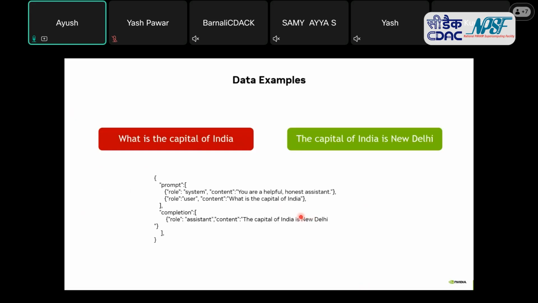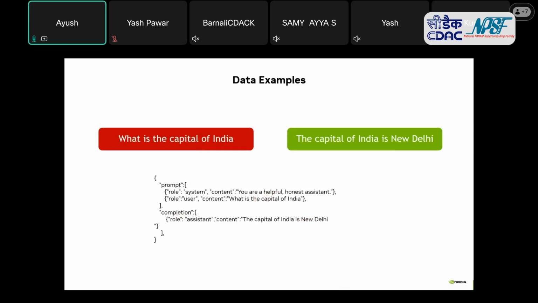But let's say the initial query is what is the capital of India, the response is the capital of India is New Delhi, and the user asks, what is it most famous for? Now "it" is referring to New Delhi, right? So probably this is a multi-turn kind of conversation.